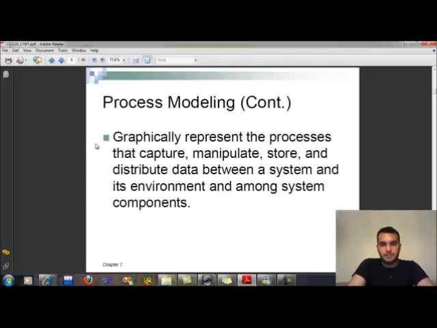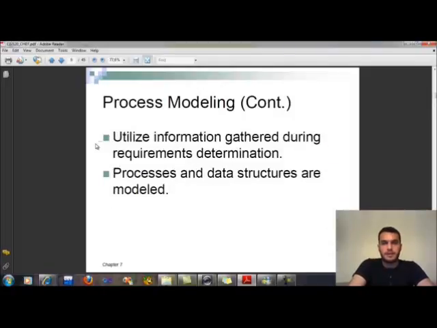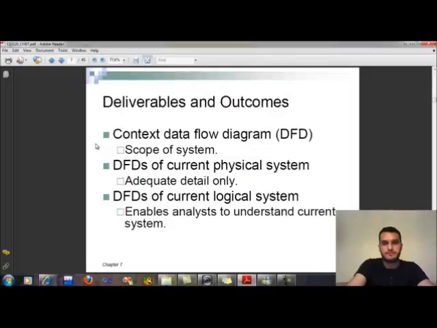Process modeling is continuous here and graphically represents the processes that capture, manipulate, store, and distribute data between a system and its environment and among system components, and utilizes information gathered during requirement determination. And processes and data structures are modeled.